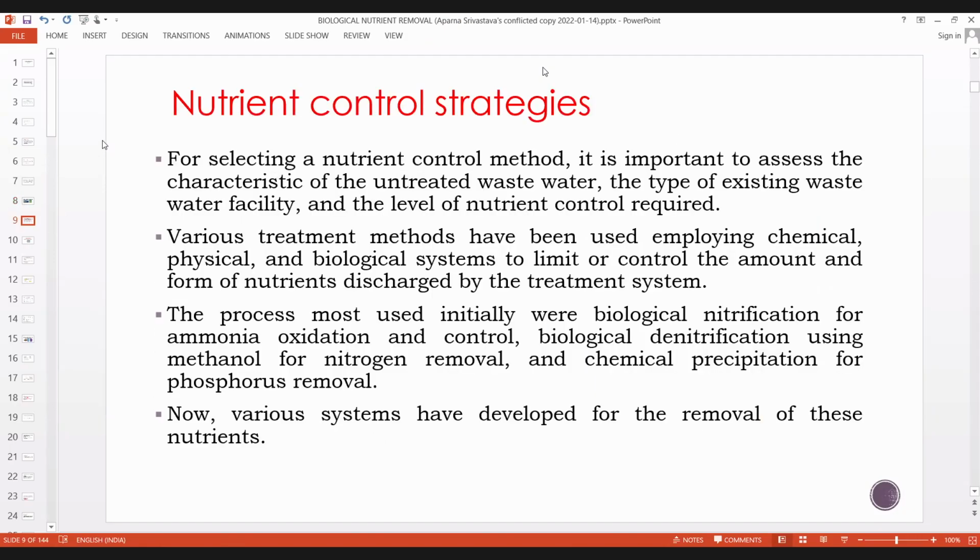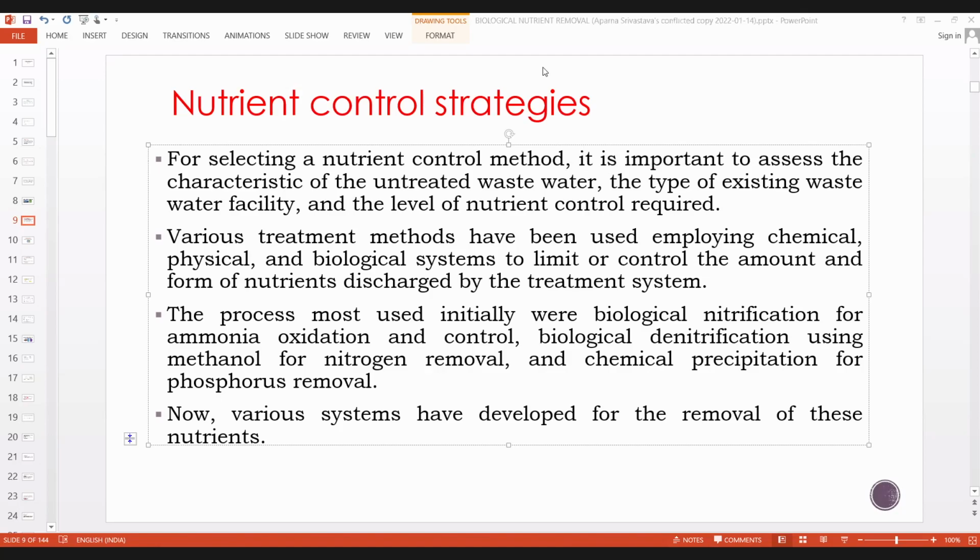Nutrient control strategy. What are the control strategies? For selecting a nutrient control method, we must assess the characteristics of the untreated wastewater, because it's very important to know whether ammoniacal nitrogen is more, or which form of nitrogen is there.